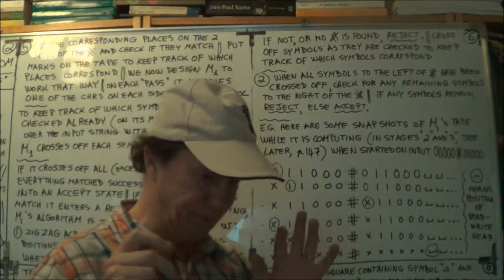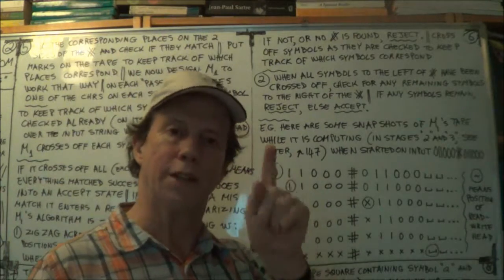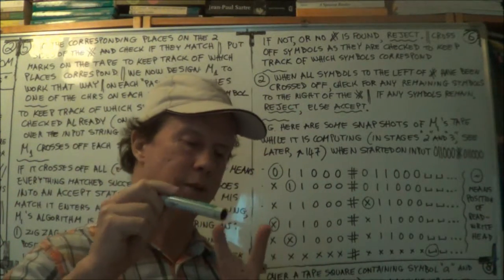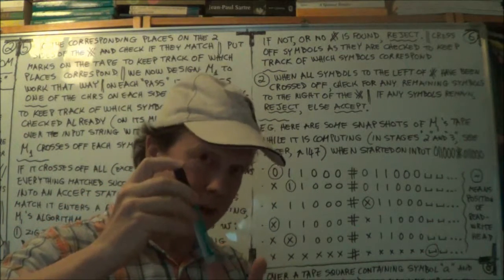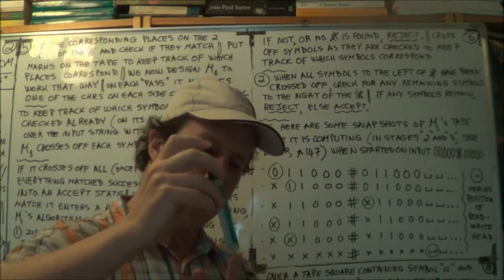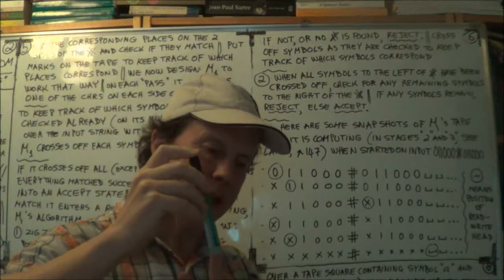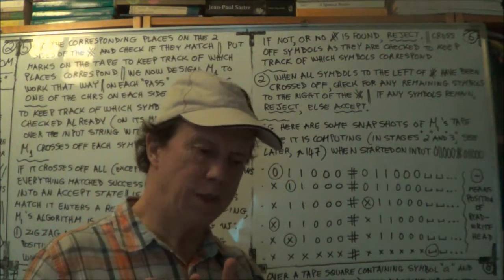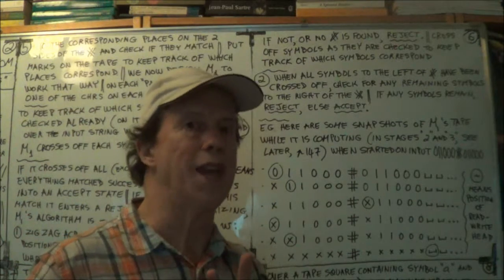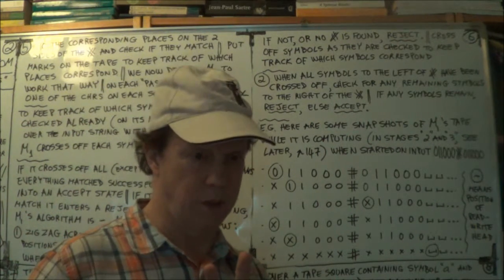A Turing machine, at any given moment, is in a particular state, just like a finite automaton, and it is reading the current symbol on the square where the Turing machine's read-write head is positioned.